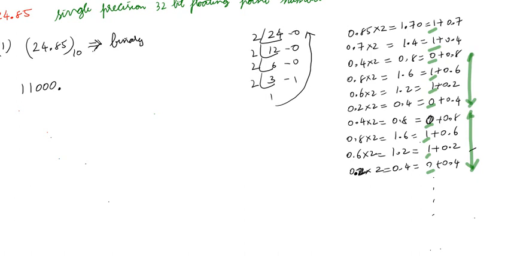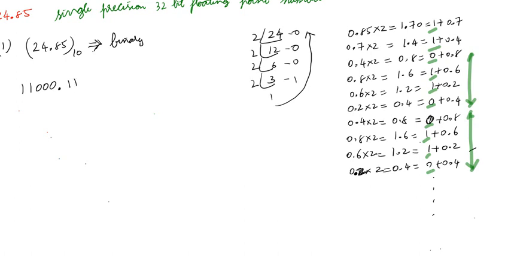0 1 1 0 0 1 1 0. It keeps on going like that, right? So if you write from the top, the first digit to the right of the binary point is 1. So put 1 here. Then the next digit is 1. Put 1 here.